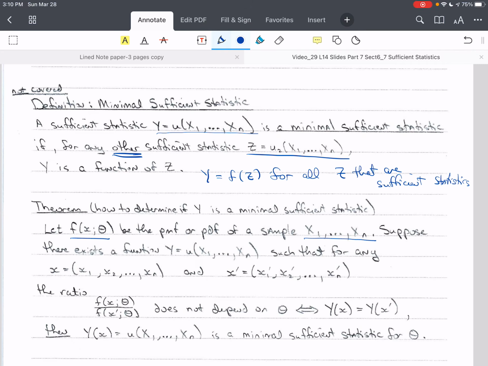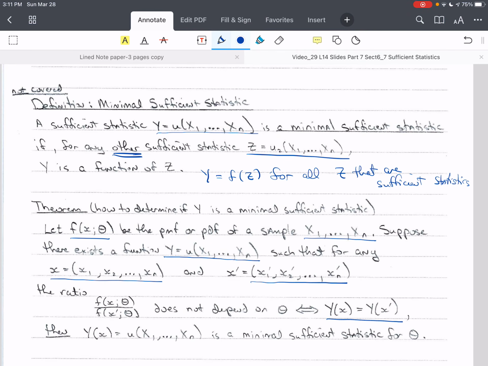Suppose there exists a function y equals u of x1 up to xn, such that for any x, so any actual observed values x1, x2 up to xn, and x prime, a different observed sample, then the ratio of f of x theta divided by f of x prime and theta does not depend on theta if and only if y of x equals y of x prime.